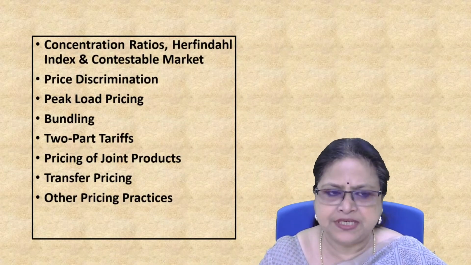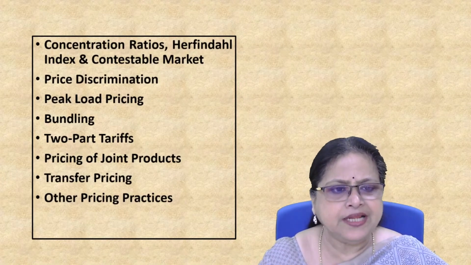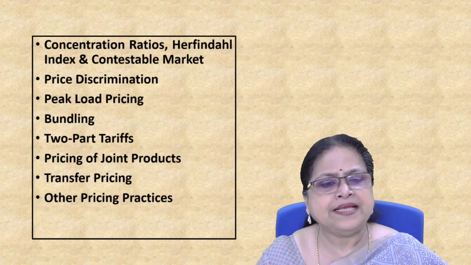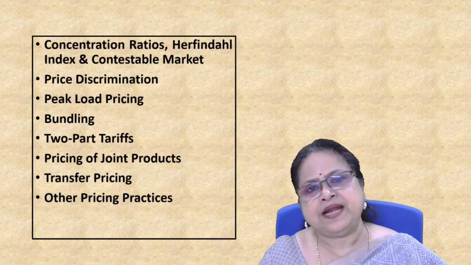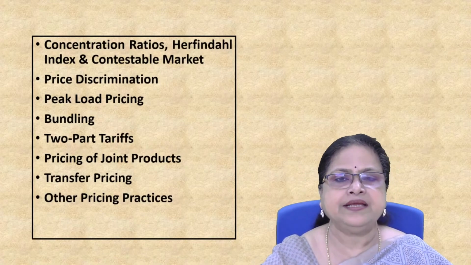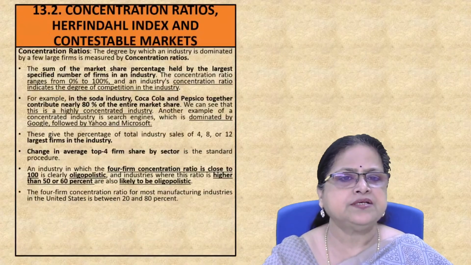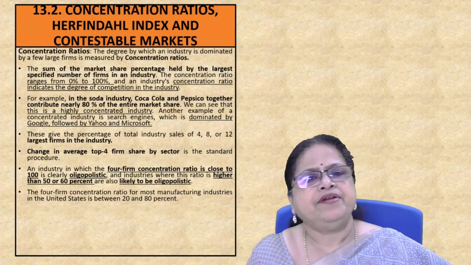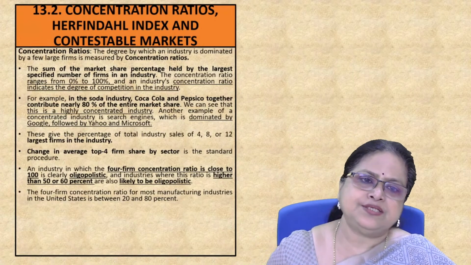Then price discrimination, another pricing strategy, peak load pricing, bundling, two-part tariffs, pricing of joint products, transfer pricing, and other pricing practices. These are different pricing strategies undertaken by firms to sell their products. First, let us discuss concentration ratios, Herfindahl index, and contestable market. What is concentration ratio?